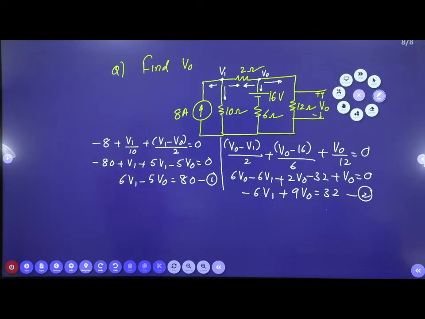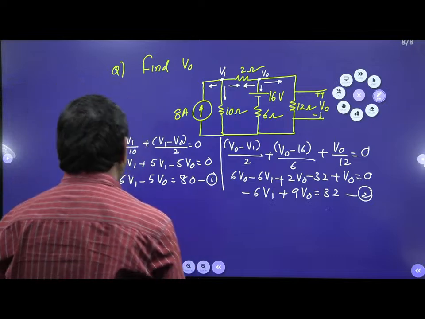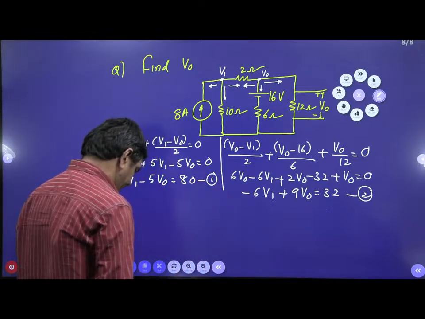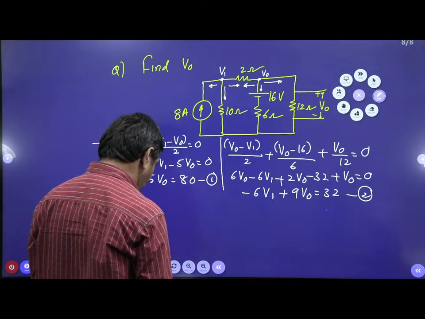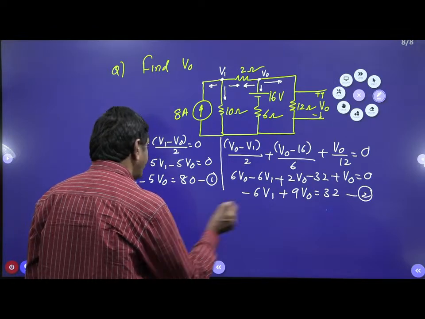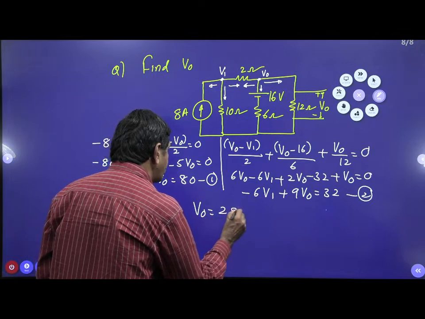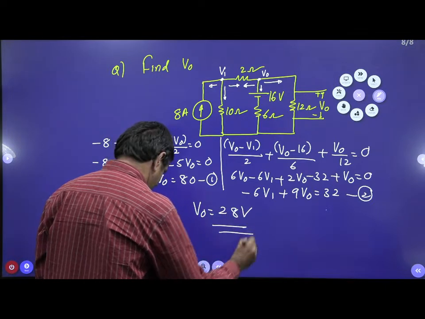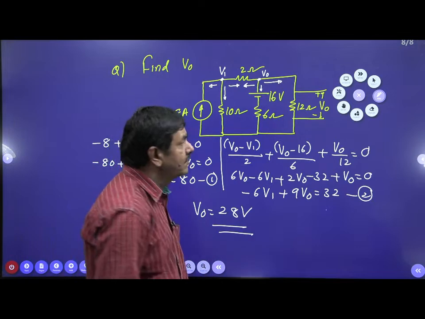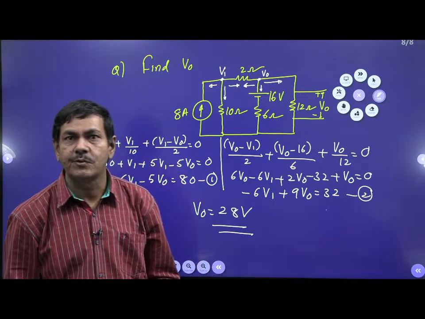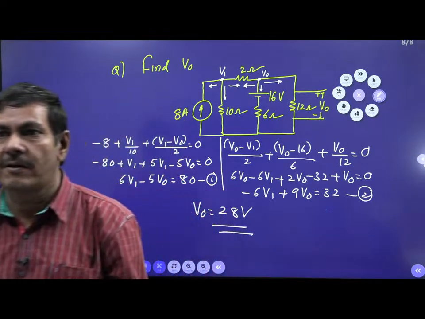We are getting minus 6 V1 plus 9 V0 equal to 32. Whenever you solve these 2 equations, you will get the V0 value. V0 is nothing but 28 volts. Because V0 equal to 28 volts you will get directly. This way we can do the question. I think you followed the way of doing this question.